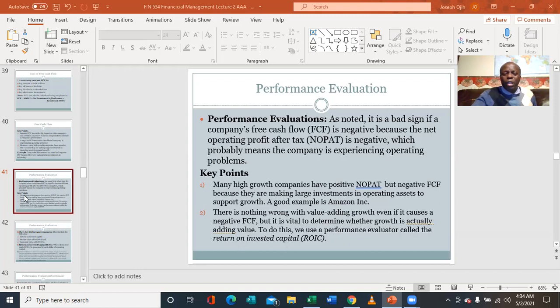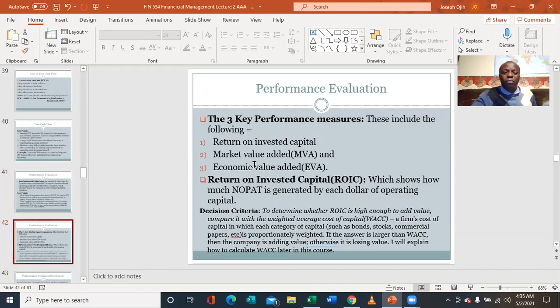invested capital. But before we discuss that, I want to explain the meaning of this performance. Let me show you the three main performance evaluations we use for checking the vital signs of a company. The first one I've already mentioned, return on invested capital. Then the market value added and the economic value added.